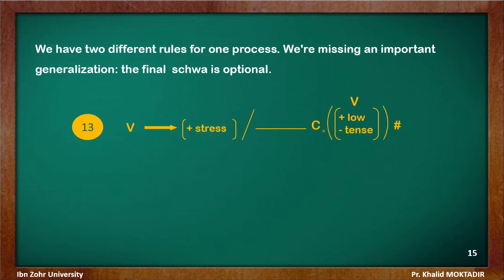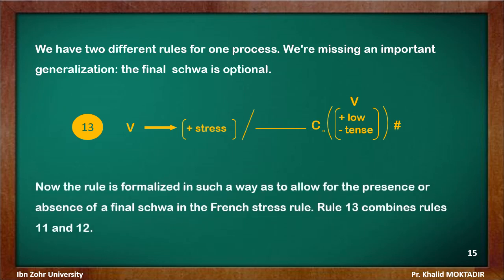We have two different rules for one process. So here the generalization is that the final schwa is optional. So we do this to combine the two rules 11 and 12.